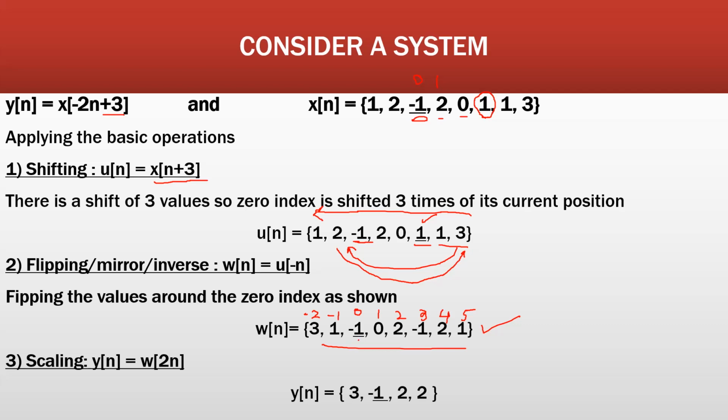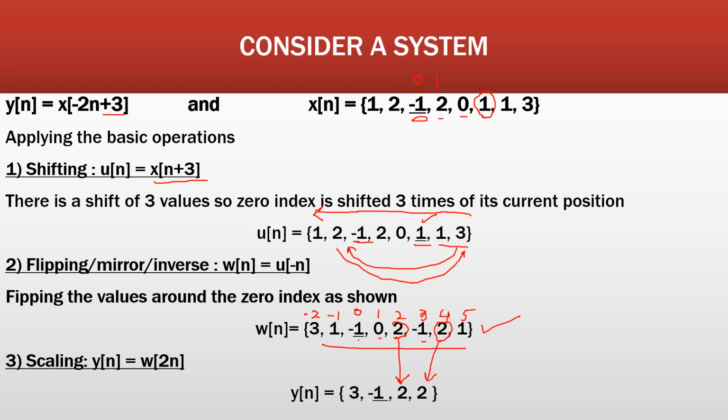This is 0 index, 1 and 2, means this is going to be included in our output here. Now again counting from here, we have to compress it 2 times, so 1, 2, means this 2 is again going to be included in the output.